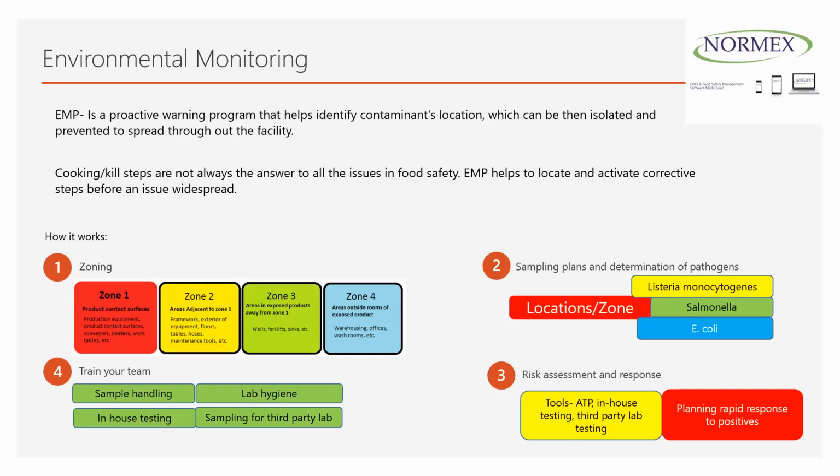The basic misconception, I would say, is that if you have a cooking or kill step, you can have a little slack on your environmental monitoring program, which I do not think is a right assumption to make. Even if you have a cooking or kill step, it depends on whether you're exposing your finished product before packaging it.